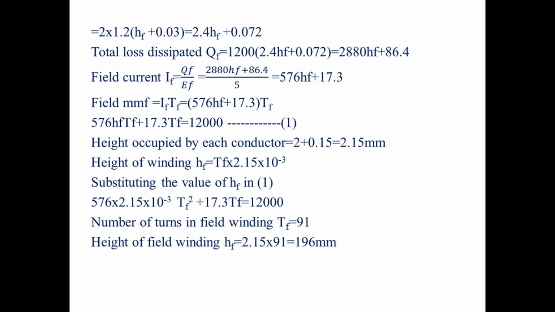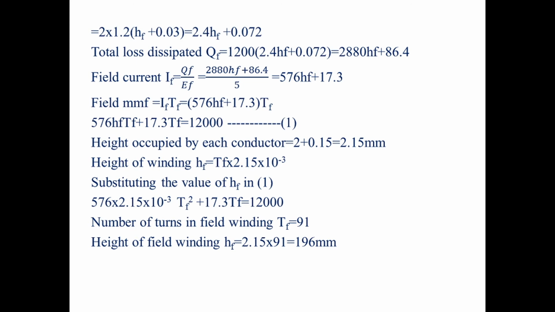Substituting this value of HF in equation number 1, you will get 576 into TF into 2.15 into 10 to the power minus 3 into TF square plus 17.3 into TF, which is equal to 12,000. So the number of turns in the field winding TF is given by 91, correct.